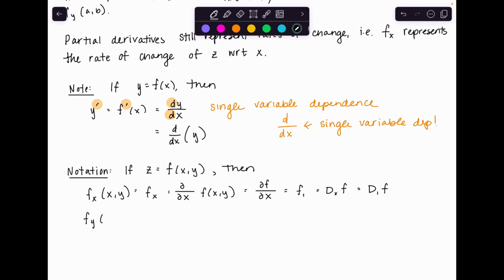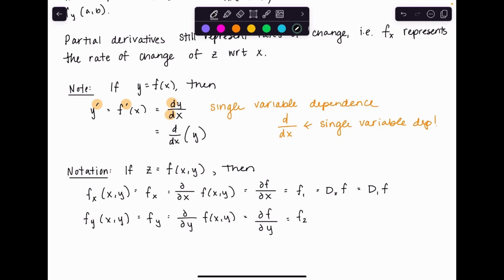And so likewise, if I want to indicate the partial with respect to y, you can just write f sub y. Your operator would be the partial with respect to y of f of xy, or in that nicer Leibniz notation, partial of f with respect to y.